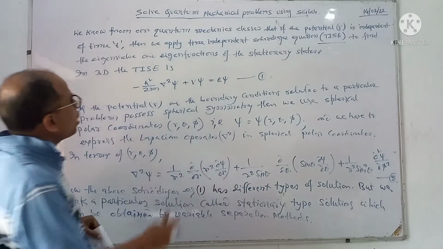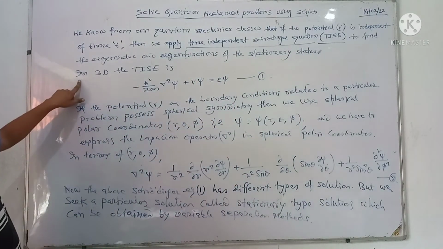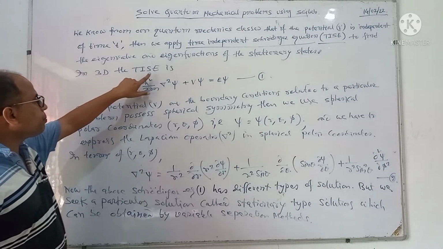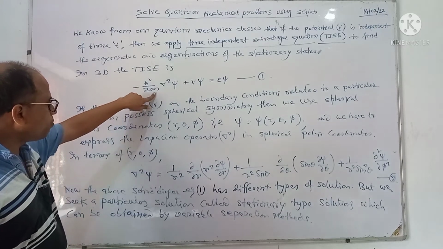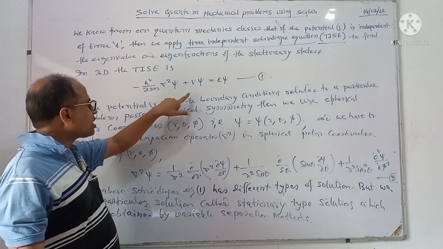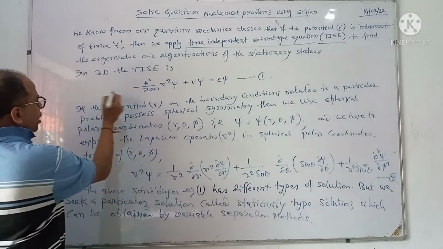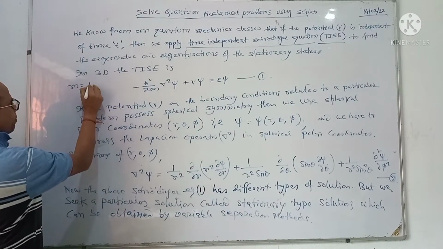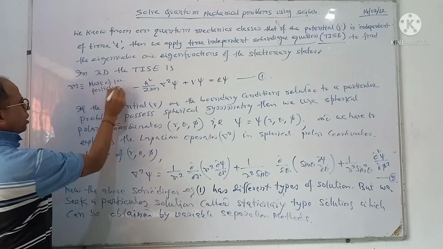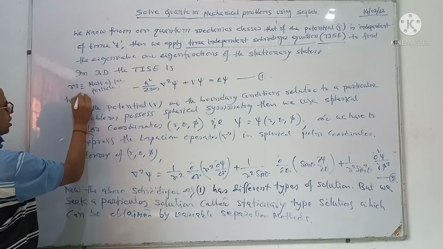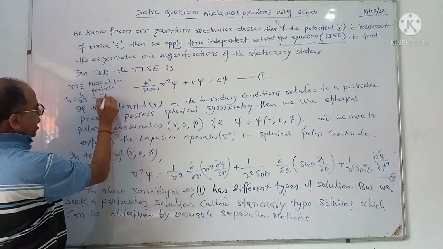In 3 dimensions, we are interested in the time independent Schrodinger equation, which is minus h cut square by 2m Laplacian psi plus V psi is equal to E psi, where m is the mass of the particle and h cut is equal to h by 2 pi, the reduced Planck constant.